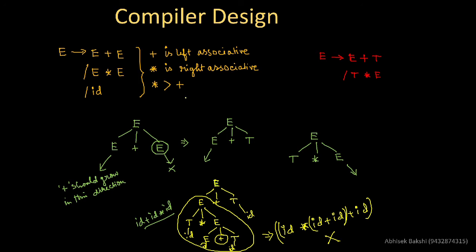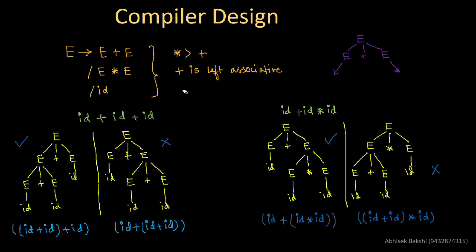So to do this, what we have to do? One thing you can see from the example is that somehow we have to change the left hand side non-terminal. Since we know that star must have higher precedence than plus, and from previous knowledge we have seen that the operator which has higher precedence must be at the higher level.